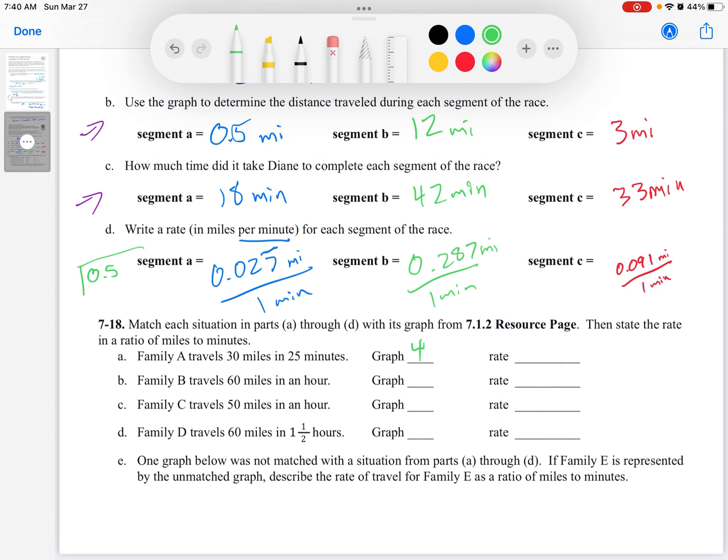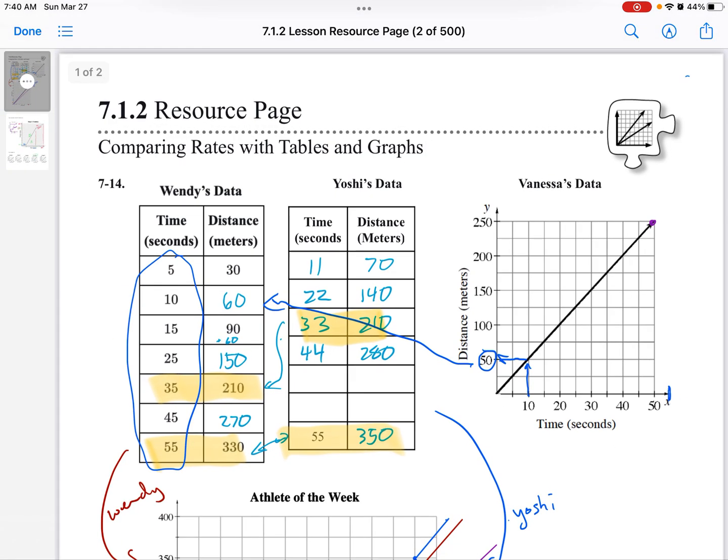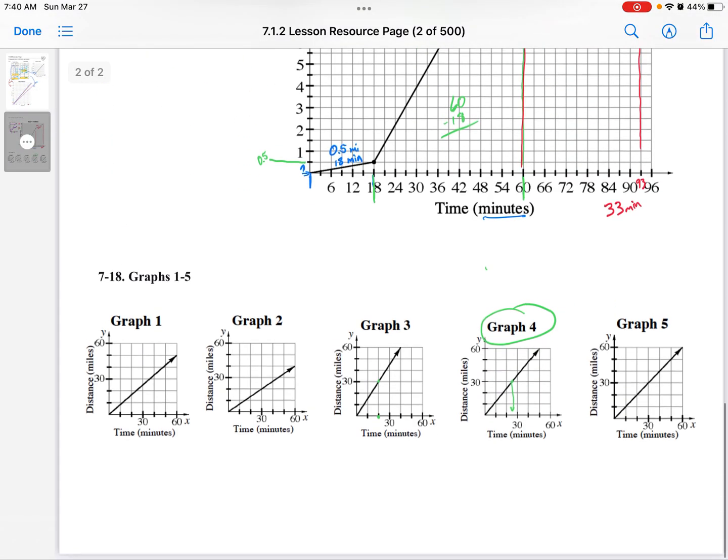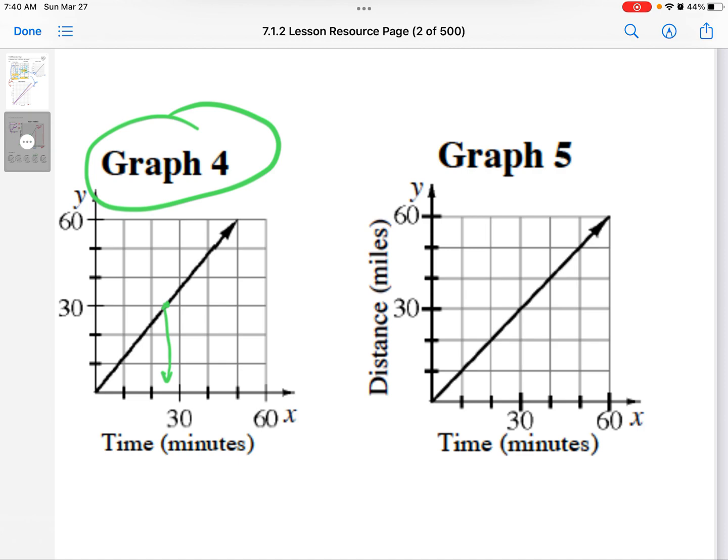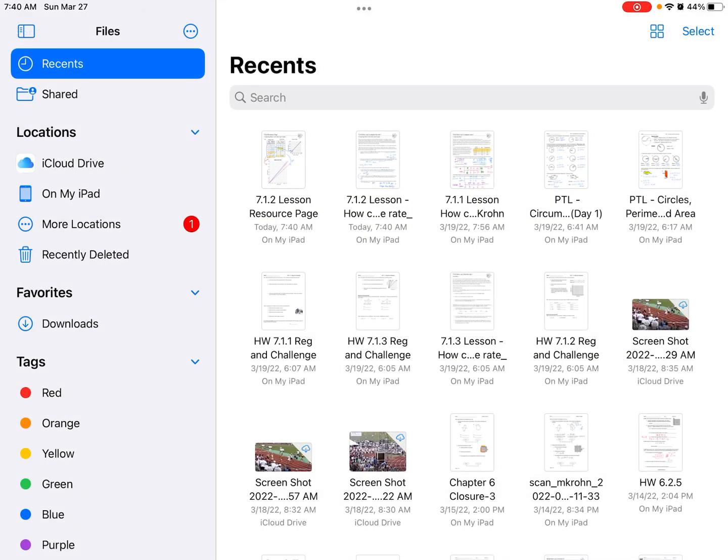Family B travels 60 miles in an hour. So let's go back to our graph. 60 miles would be accomplished in 60 minutes here, so that would be graph 5.